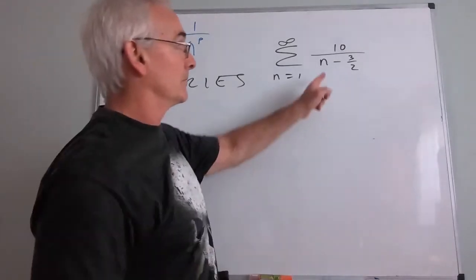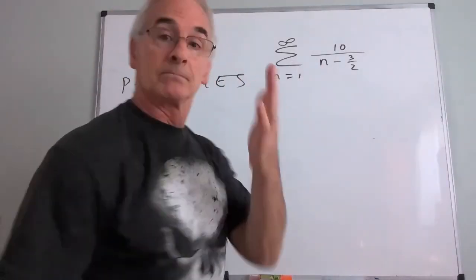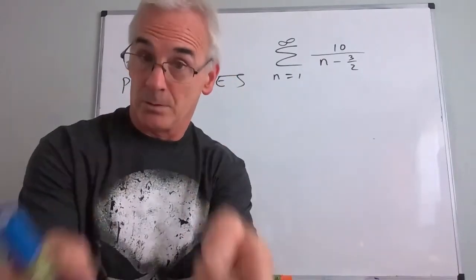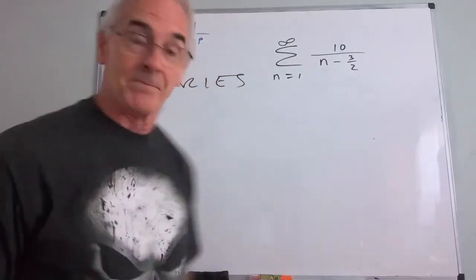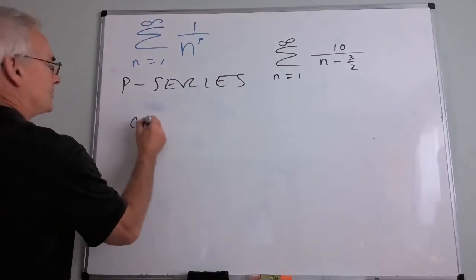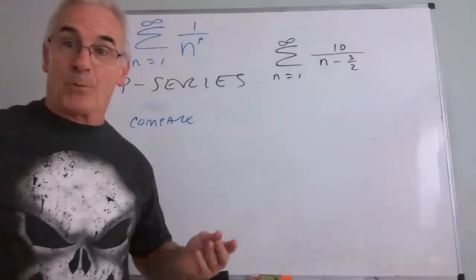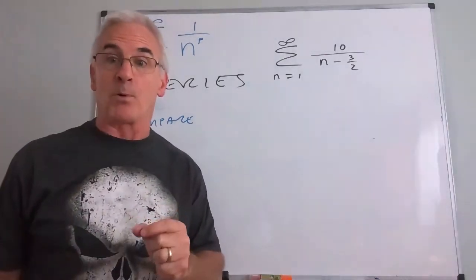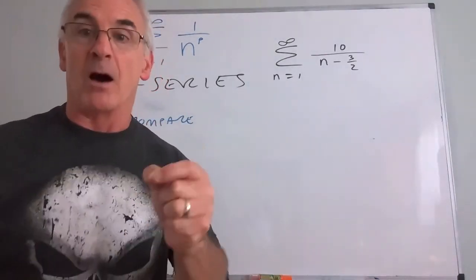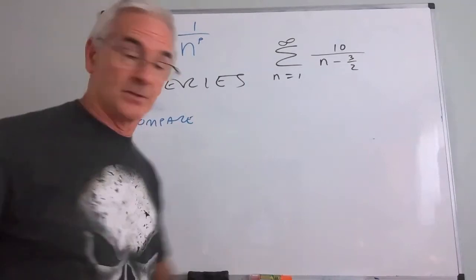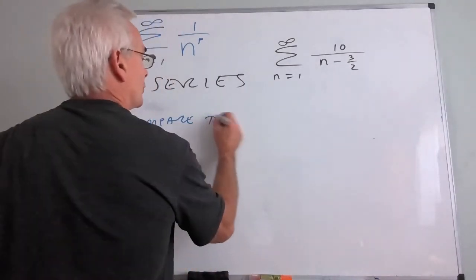Isn't it inherently bigger than 1/n? So therefore compare it to 1/n. Always indicate what you're actually comparing it to, and even more importantly, what is the behavior of the thing you're comparing it to. So we're going to compare to the sum of 1/n.